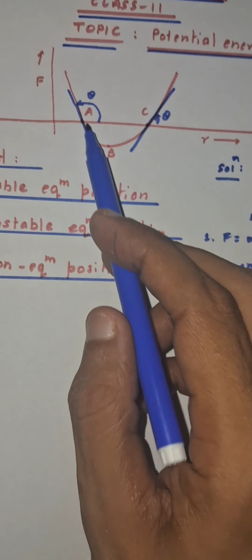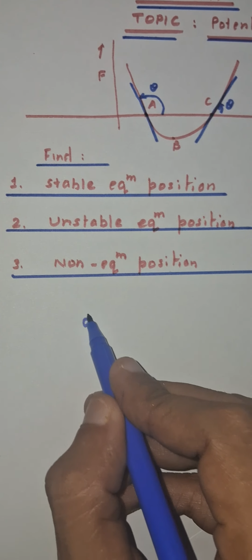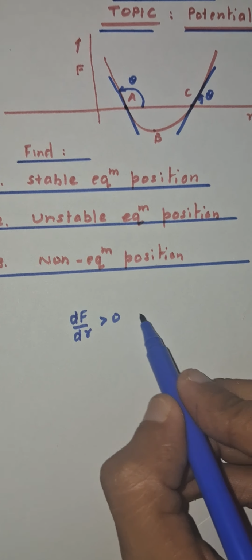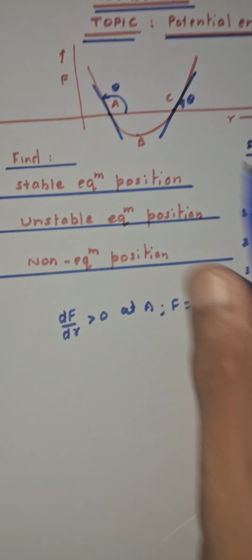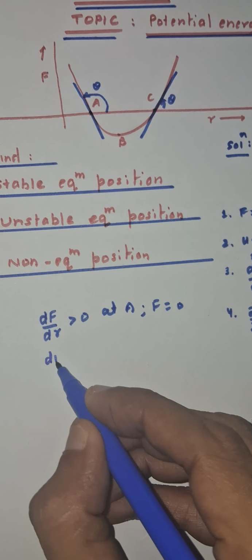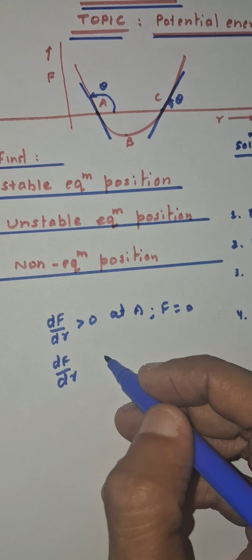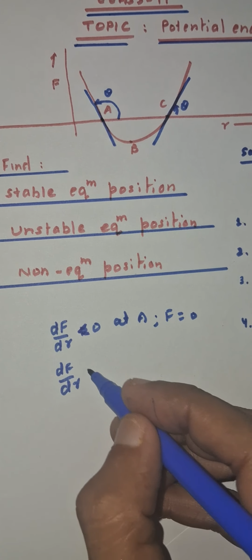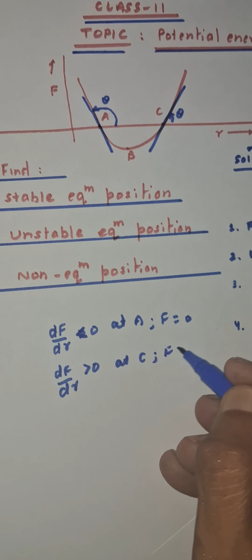So certainly we can say that dF by dr is negative at A, with force equal to 0, because at A force is 0. It is negative at A and positive at C, and force here is 0.